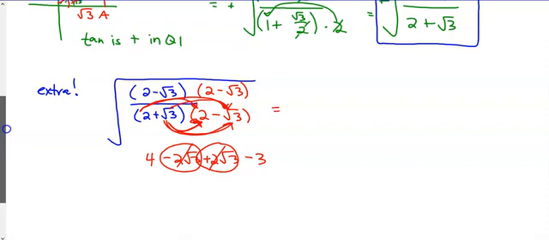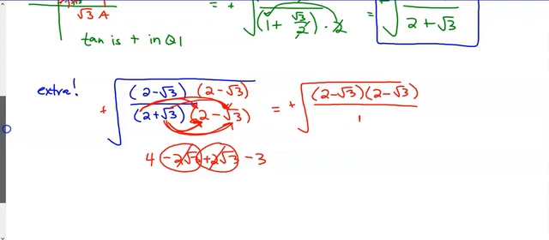So what we have at this point is we have this big old square root sign still. On top, we have 2 minus root 3, 2 minus root 3 over 1. Now, if you think about the top in a different way, you have the same thing times itself. 2 minus root 3 times 2 minus root 3. That could be rewritten as 2 minus root 3 squared.